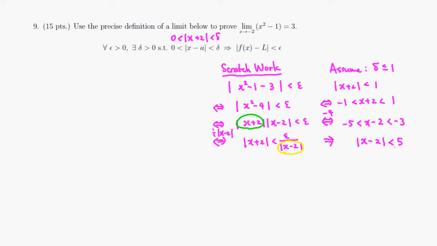So we can use that to get this inequality. When you compare epsilon over the absolute value of x minus 2 and epsilon over 5, since 5 is larger than the absolute value of x minus 2, you have a larger denominator, so the fraction is going to be smaller. Then we get to the proof. So here's the proof.